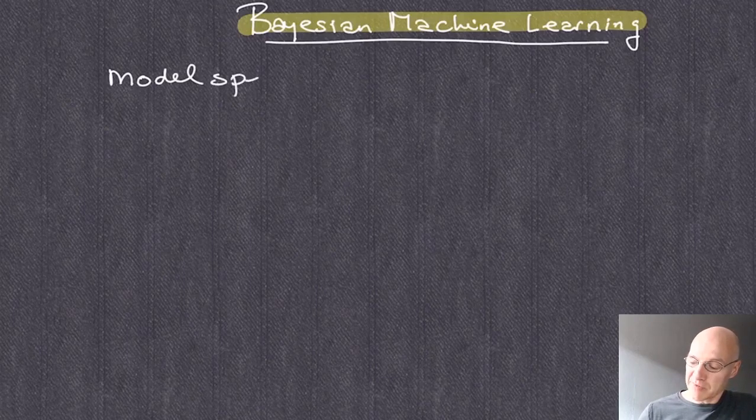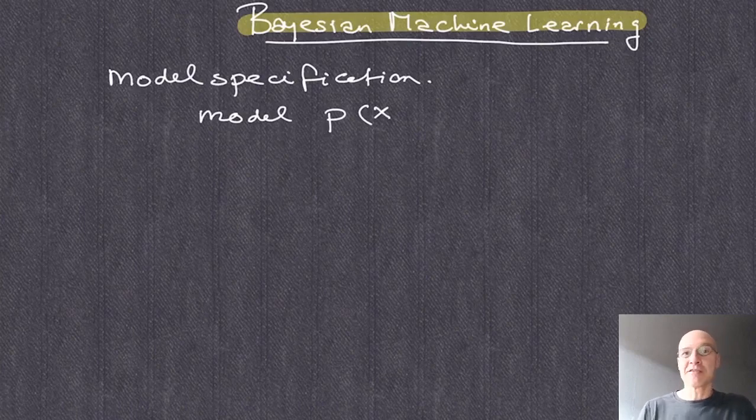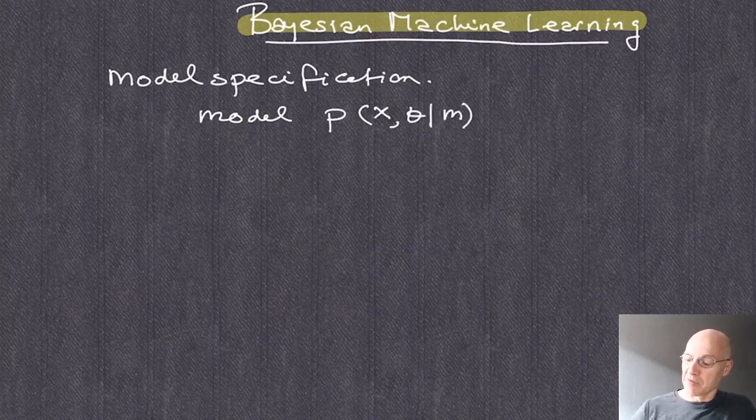A model is basically a probability distribution over all variables in your system. So you have observations, and the model has parameters, theta, and given the model, right? M is just the label of this model.